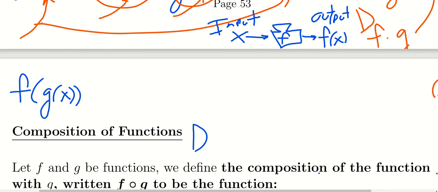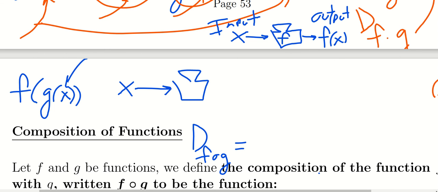Let's talk for a minute about what the domain of f composed with g is. Again, the domain should be the collection of x values that we're allowed to plug in such that we get an output from this function. F composed with g means we first have to take the x value. Again, remember, function composition goes from right to left. So you'd first stick it into the function g, and that output we call g of x.